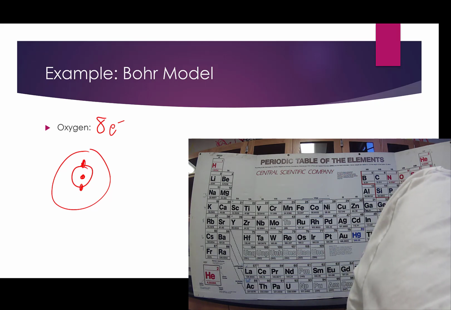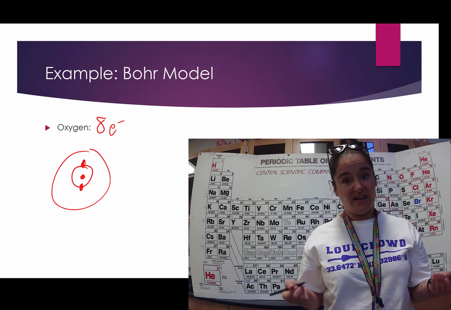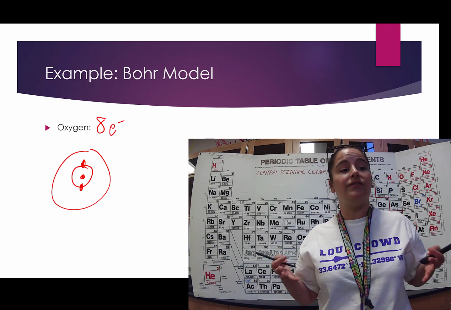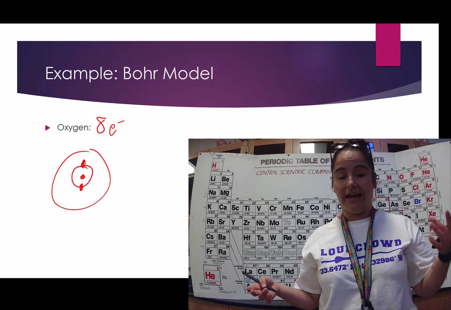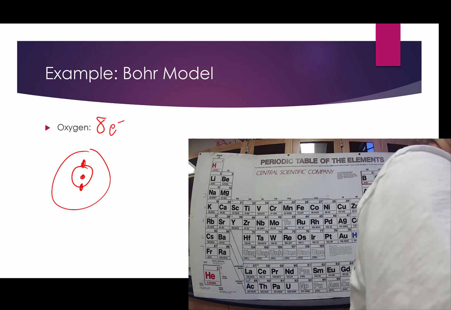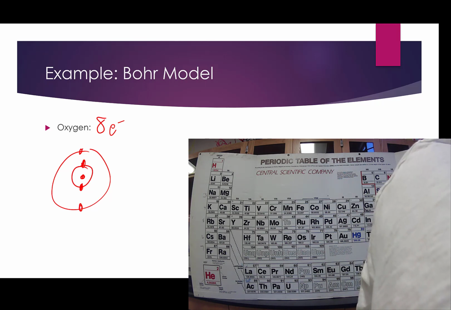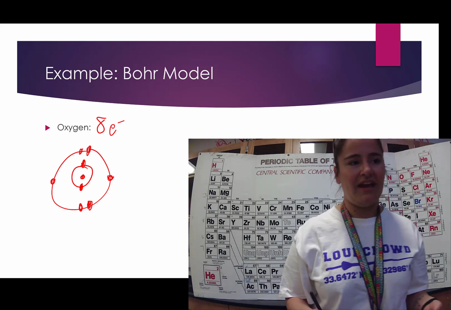Since the atom has 8 electrons, I have 6 more electrons to place. 8 minus 2 is 6. So I go 1, 2, 3, 4, 5, 6.